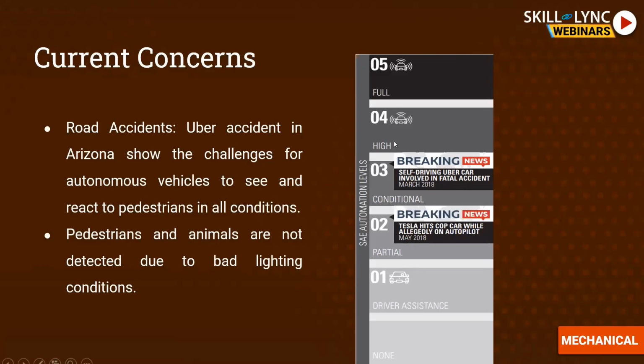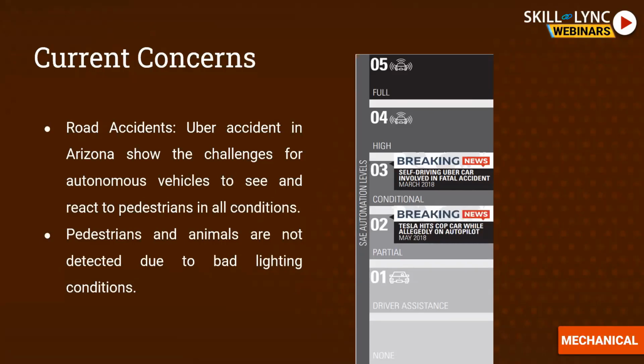1, 2, 3, 4, 5 are the different levels of autonomous vehicles, defined by SAE. In the first level, we have driver assistance, where the driver makes the decisions most of the time, and the car's operating system doesn't do much.